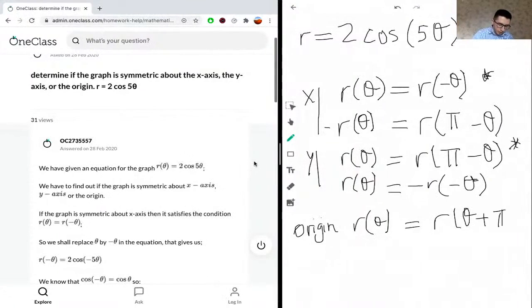Or we could also test for r theta is equal to negative r theta. Okay, so these are what we want to test for to determine if it's x-axis symmetry, y-axis symmetry, or origin symmetry. So we're going to erase all this to make some space.